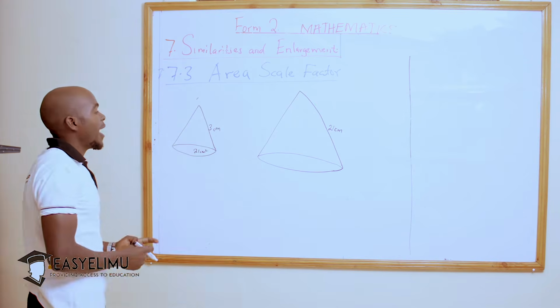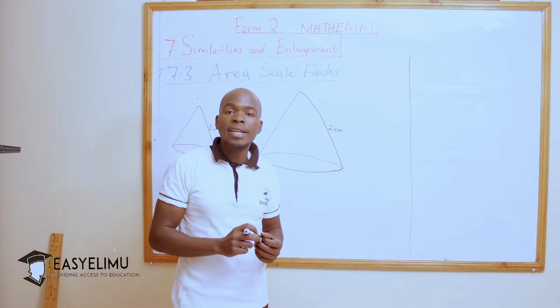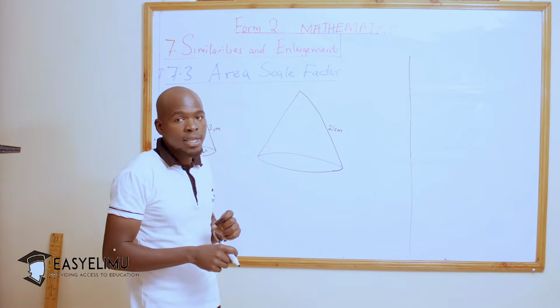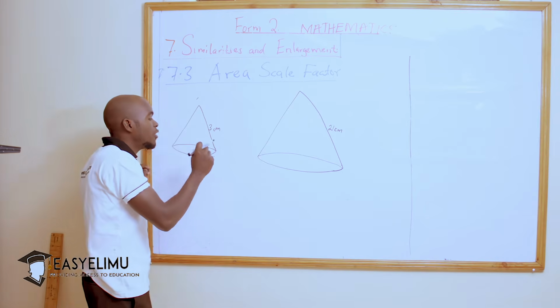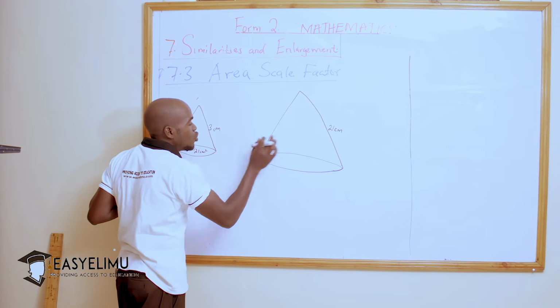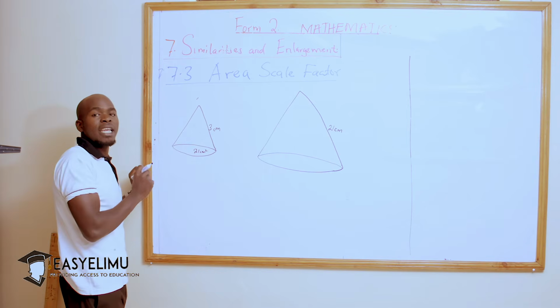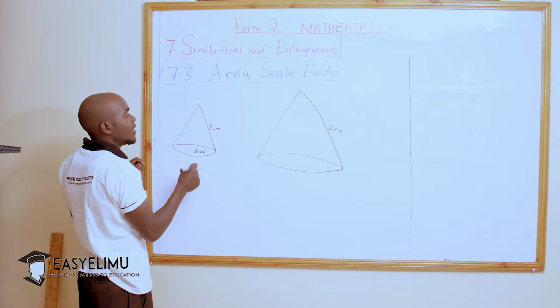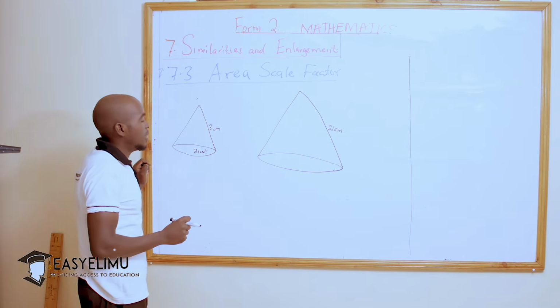To find that, we first need the area scale factor. Since the two cones are similar, we need first the linear scale factor, since the slant height of each cone has been given.